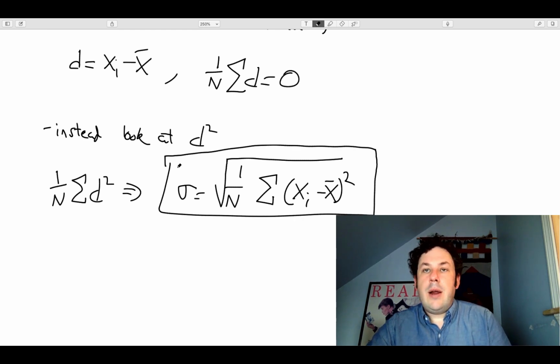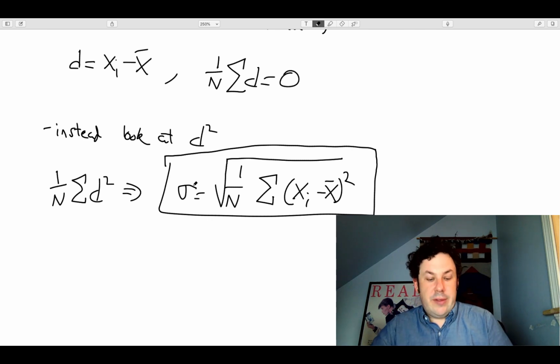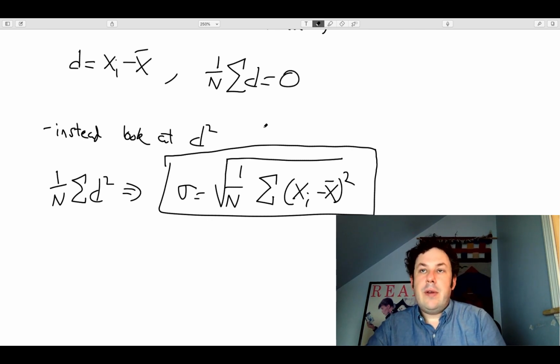So you square it, and then you take the square root of it so that you go back to the same units you had before, the same dimensions. And so that's what's called the standard deviation.